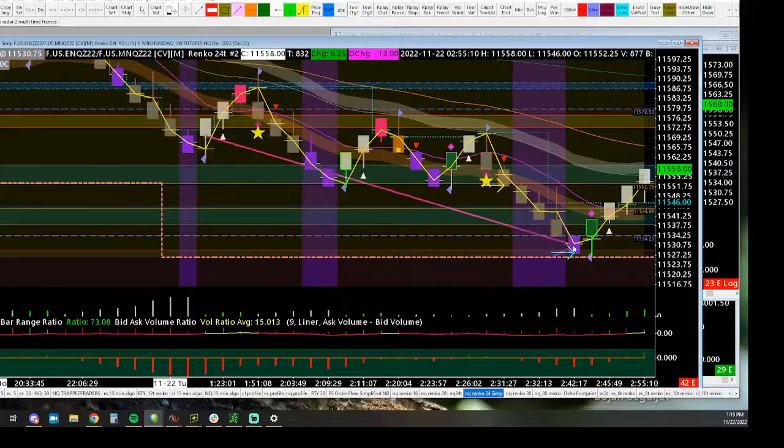So sellers are not aggressively adding to their orders or pushing through any big orders or anything like that. It's just price falling primarily due to orders getting pulled from the order book.